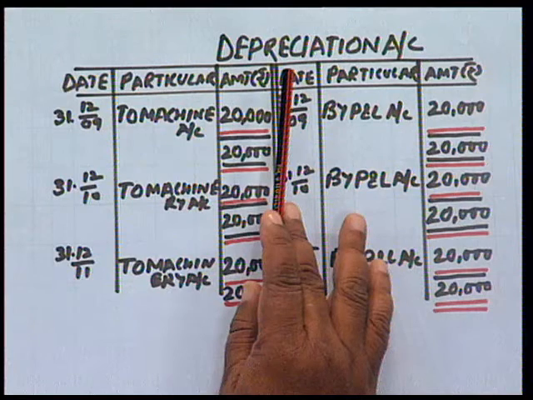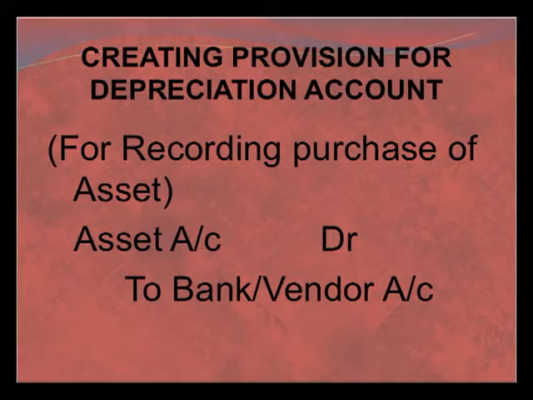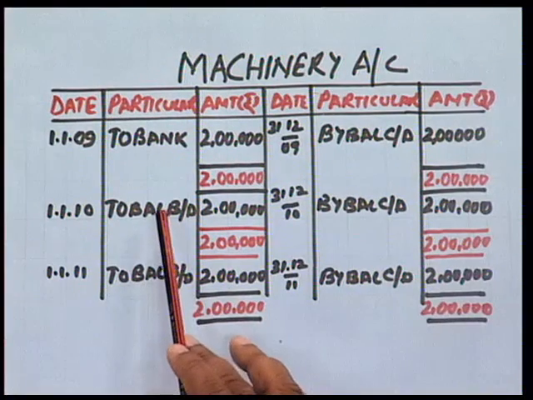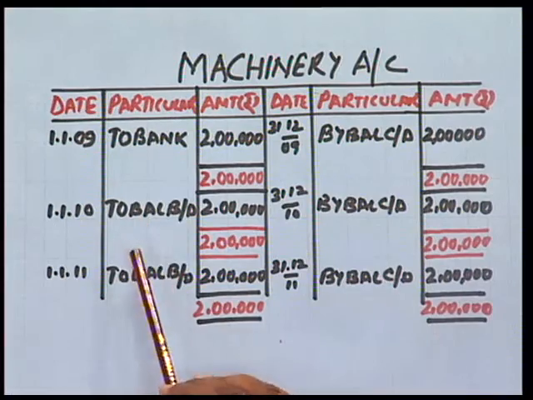So these are the accounts which we prepare when the depreciation is directly charged to the asset account. But under the second method, when we do not transfer the depreciation to asset account directly, we prepare a separate account for depreciation, that is provision for depreciation account. Let us see how the account is prepared under this method.